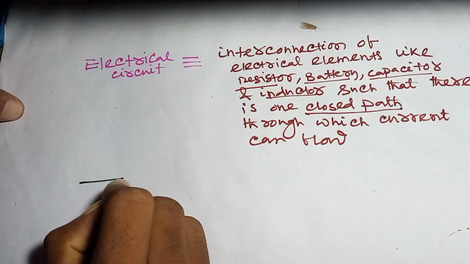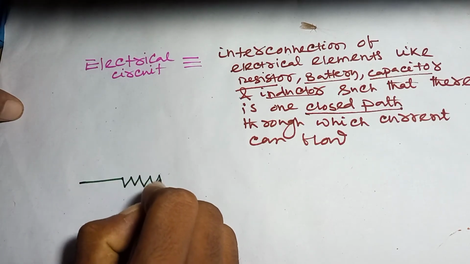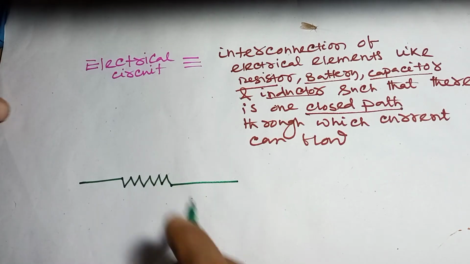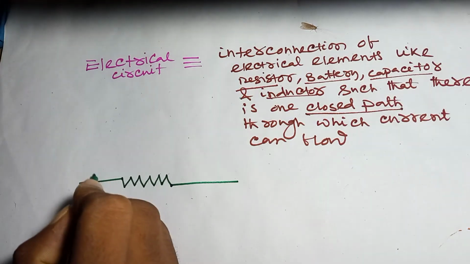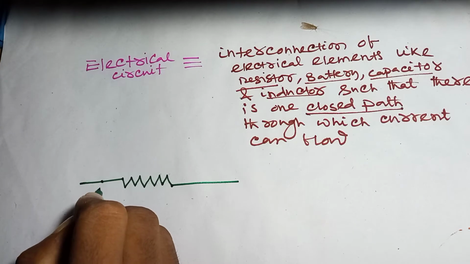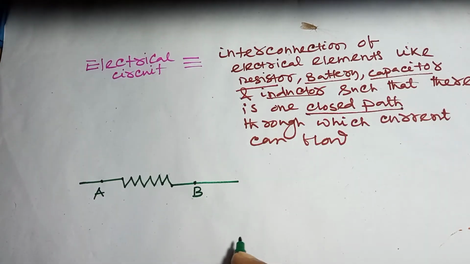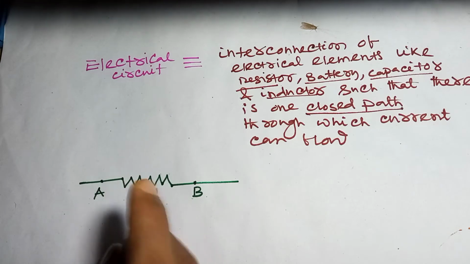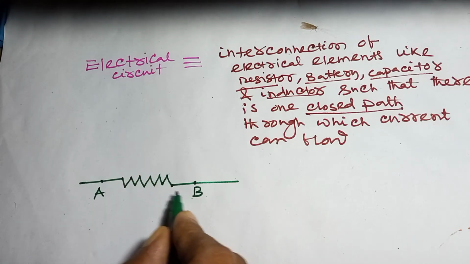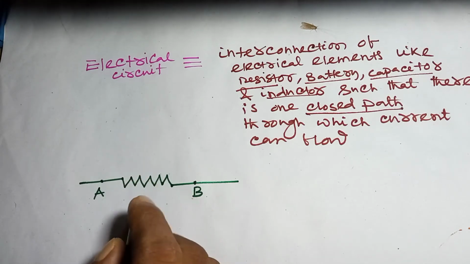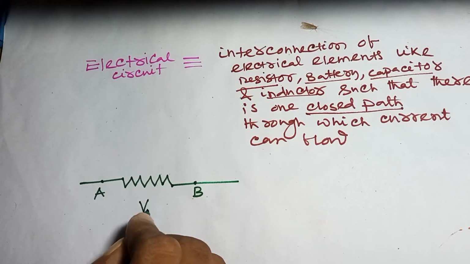So let's say this is a resistor. Let's say this is the terminal A and this is the terminal B. And let's say the voltage across this resistor is given by VR.